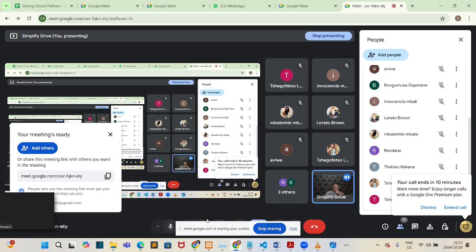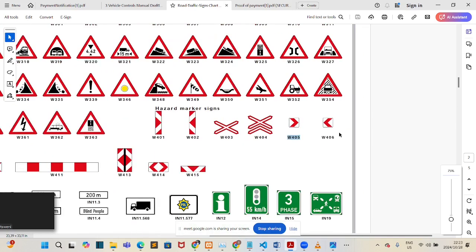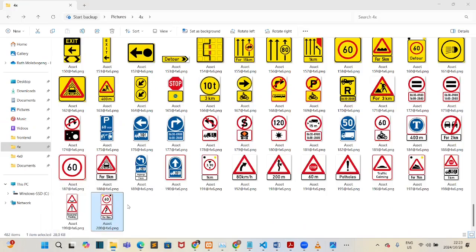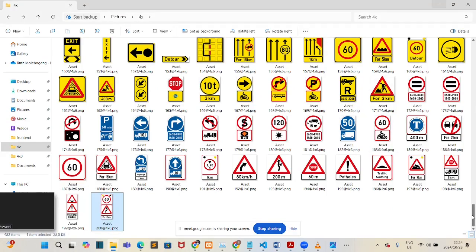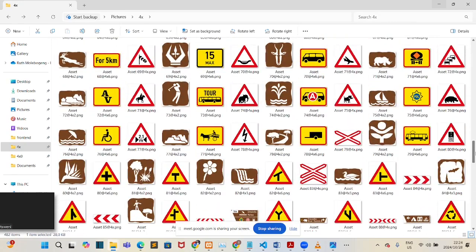All right, let's continue there, and next question. Let's start by checking it here first. So you are given this tourism sign.